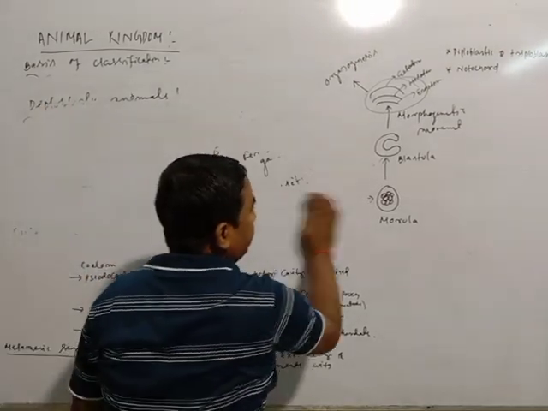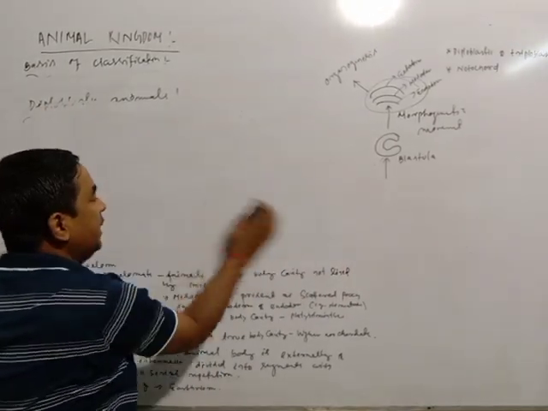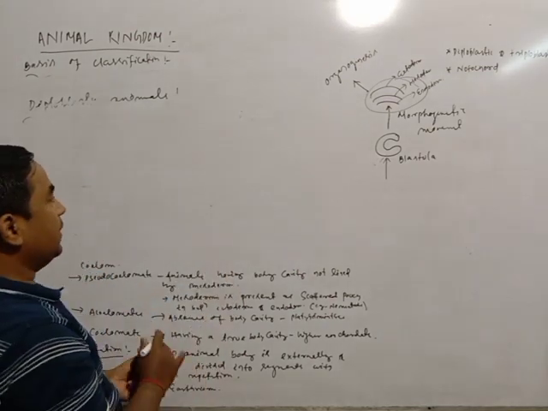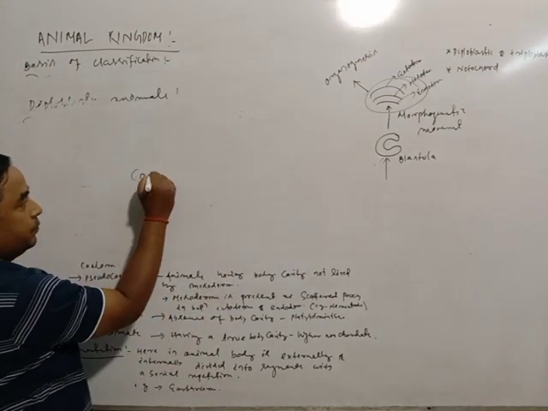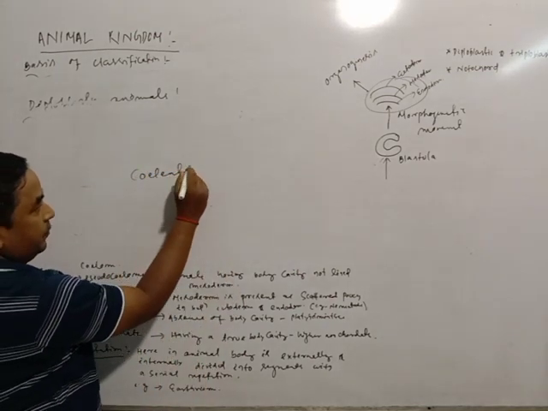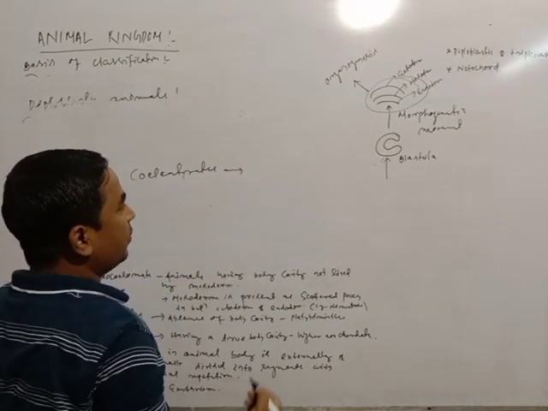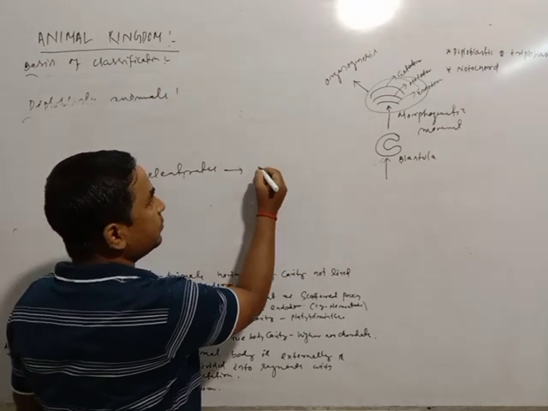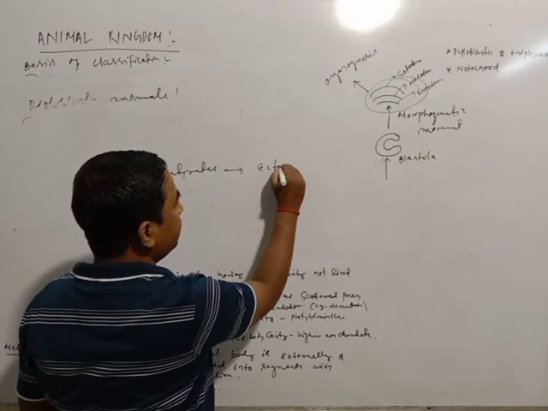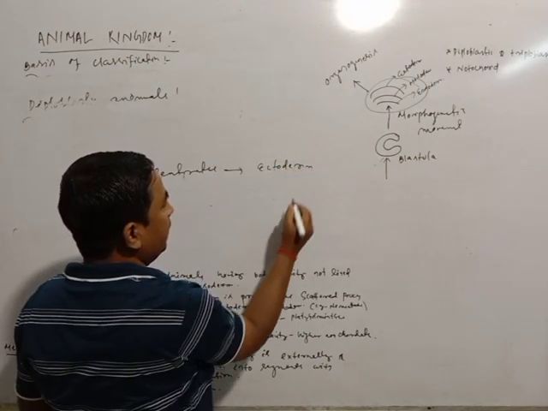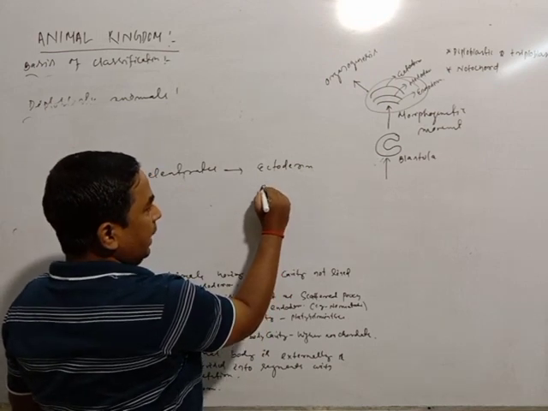In case of cnidarians, it contains outer ectoderm and inner endoderm.